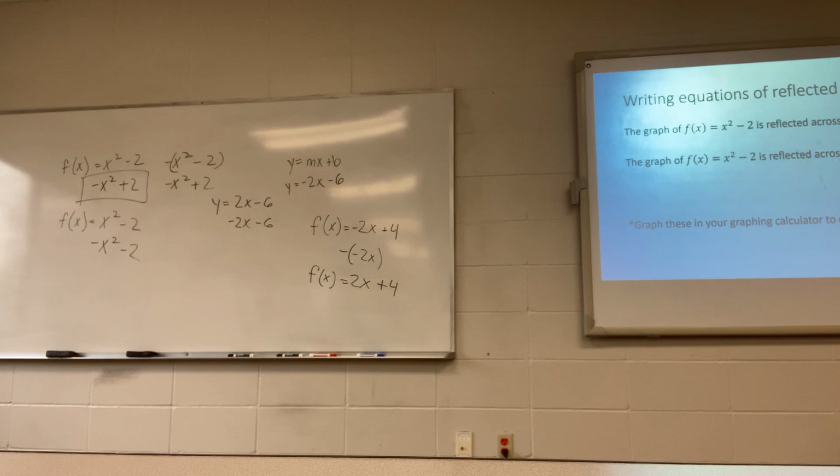So you must have used the subtraction instead of the negative. There you go. Okay, everyone seeing two graphs? One facing up, one facing down? Oh, so we just needed the original one, just the x squared minus 2.